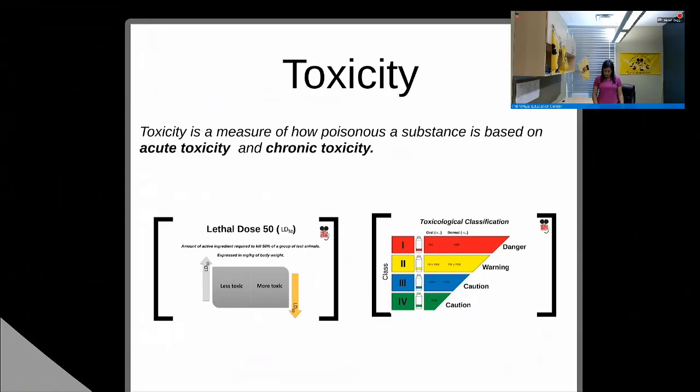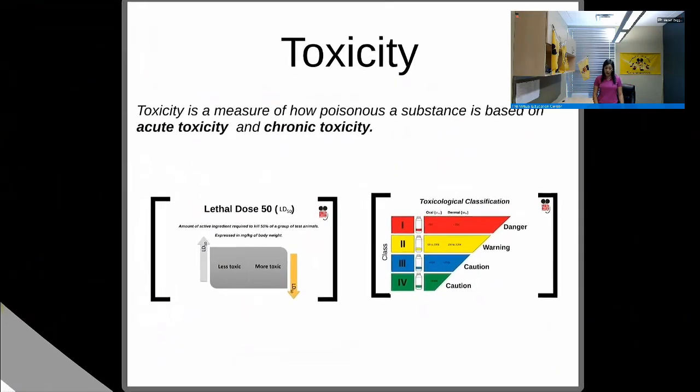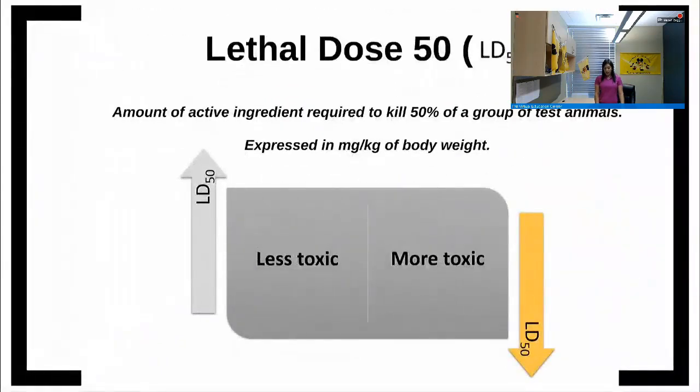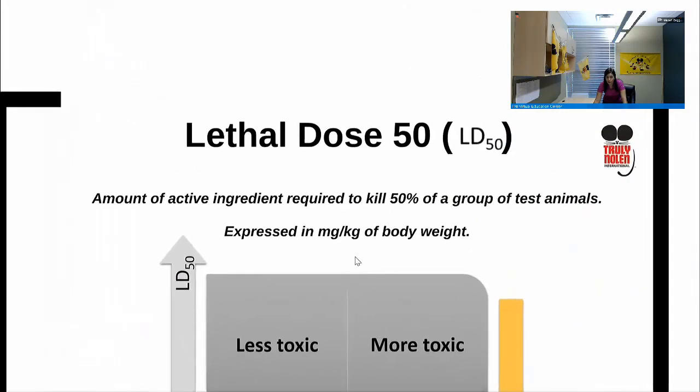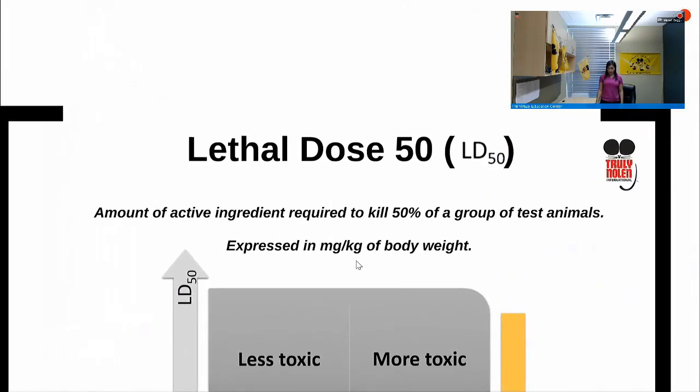So the toxicity is actually calculated based on the lethal dose to tell if a pesticide is more or less toxic. There is an experiment done in laboratory before the release, before distributing a pesticide. It's a study on the lethal dose 50, which you're going to see on the label sometimes as LD50.